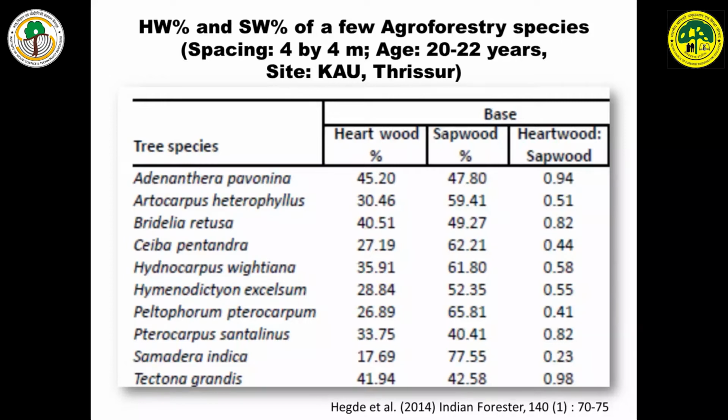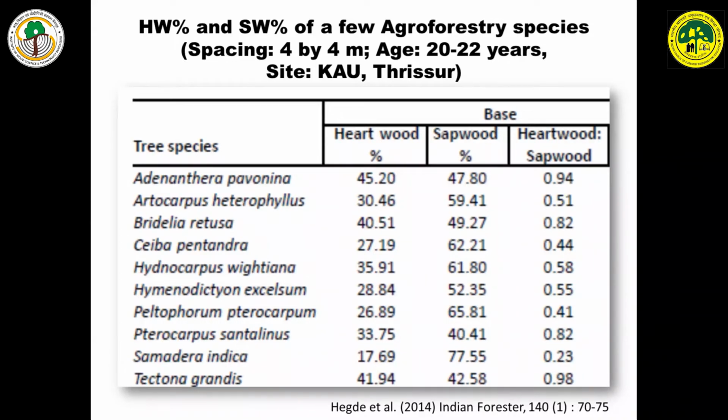So many factors determine the percentage of heartwood and sapwood present in a particular tree species. Here we can see that in case of teak, the percentage of sapwood was around 42%, the heartwood percentage was also around 42%, and the sapwood-heartwood ratio was around 0.98.